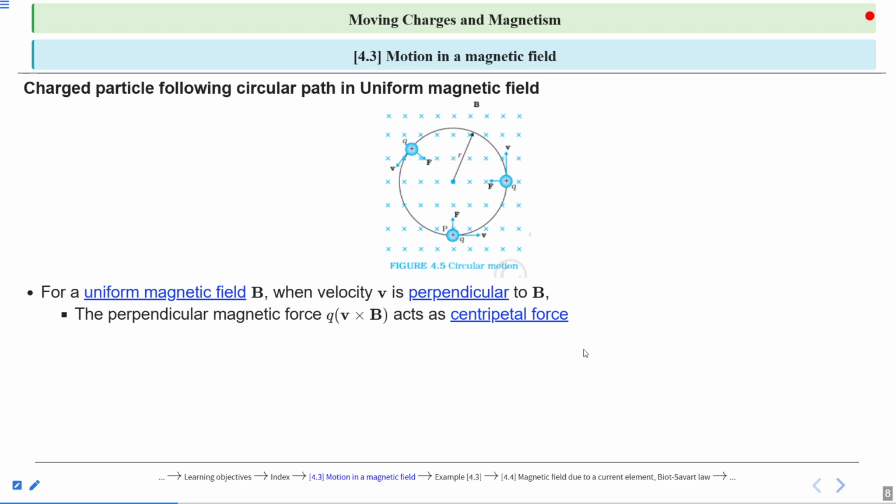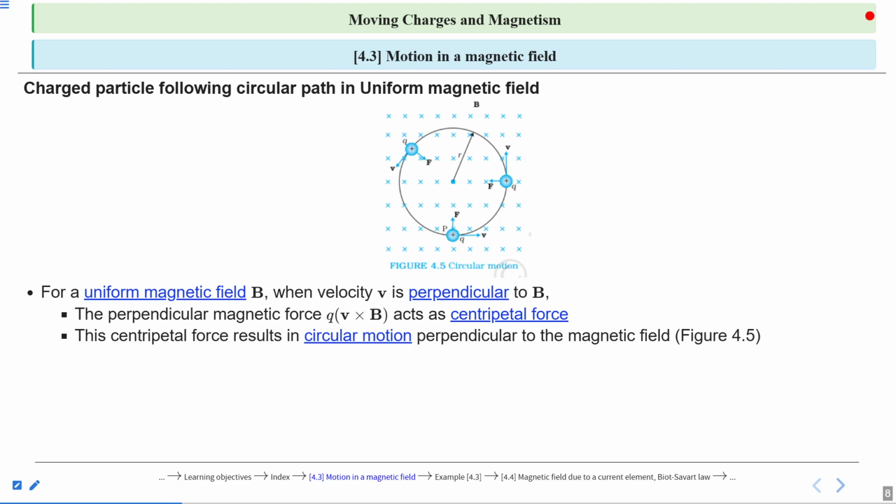So what does centripetal force do? It provides the necessary force for circular motion; it is the condition for circular motion. This centripetal force results in circular motion, perpendicular to the magnetic field.